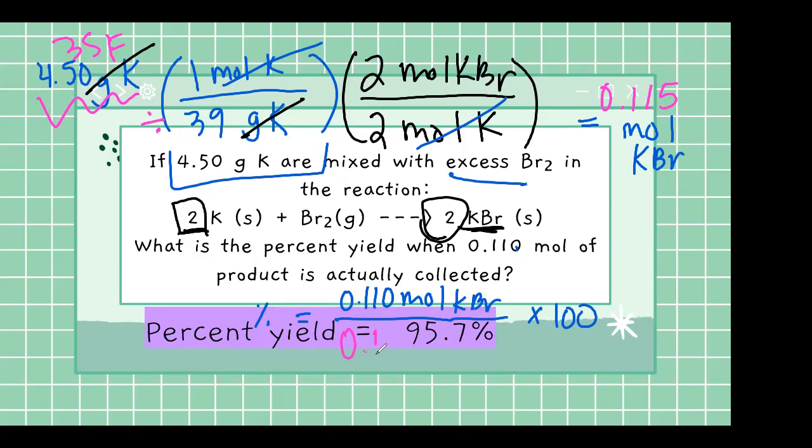But yeah, so once you plug this into your calculator, you should get 95.7%. So we don't do sig figs until the end. Yeah, because I think we didn't do the sig figs correctly here.